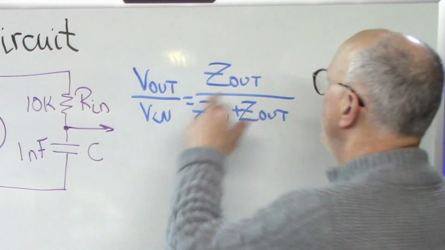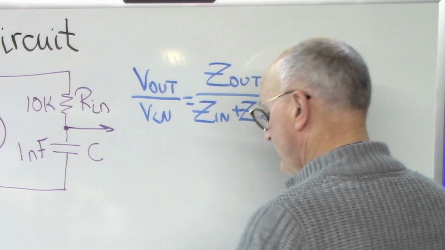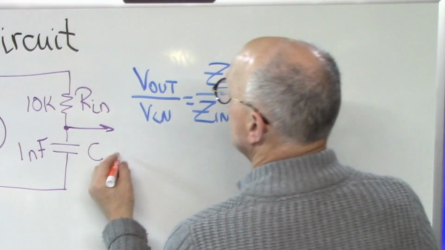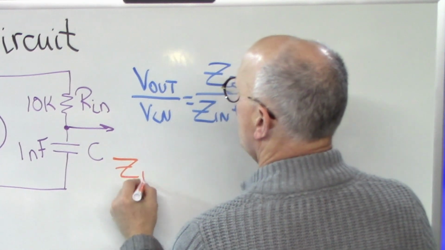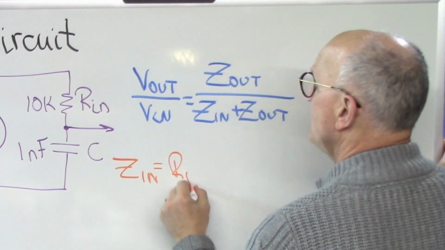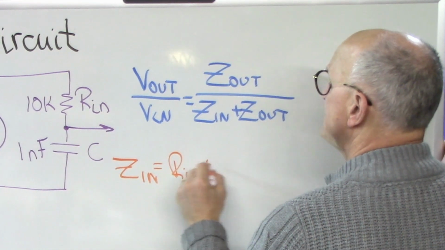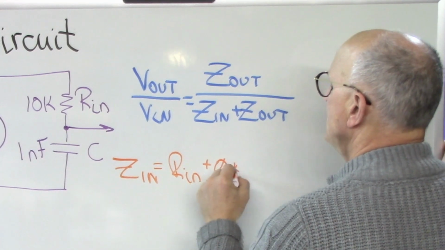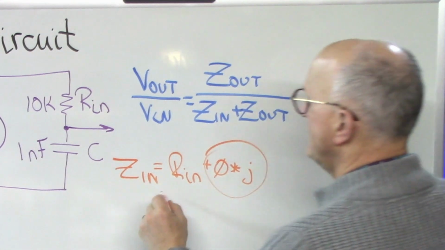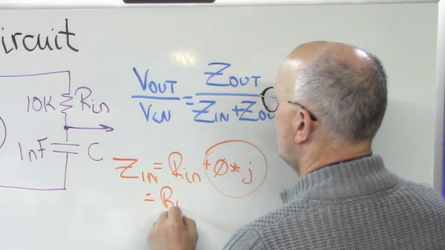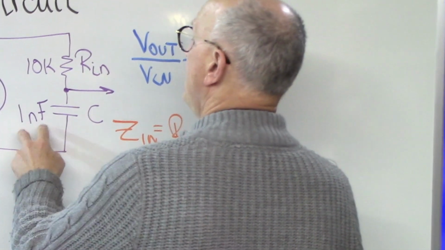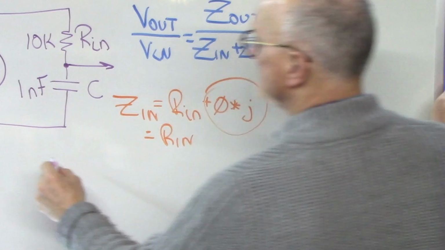In our case, Zin is the same as Rin, and its impedance Zin is going to be equal to Rin, the value of our resistor, plus 0 times j, because there is no reactive portion of it, so it just simply becomes Rin.